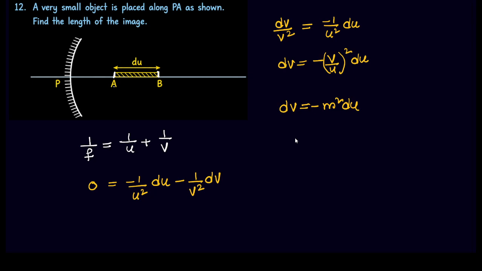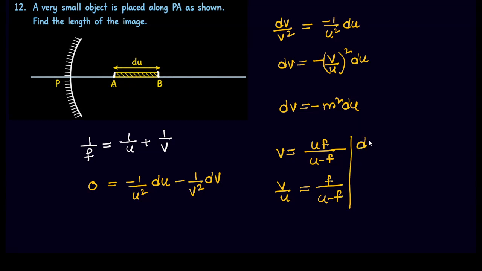Sometimes if they want it in terms of f, we can replace m: v is equal to uf by u minus f, so v by u is equal to f by u minus f.